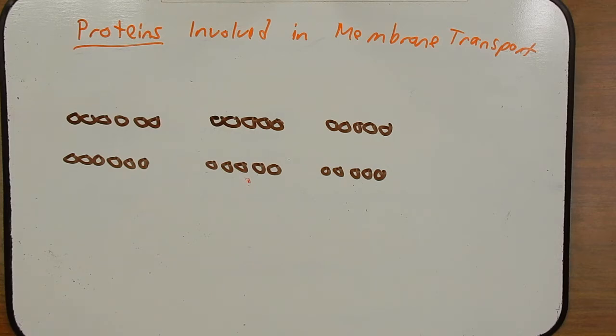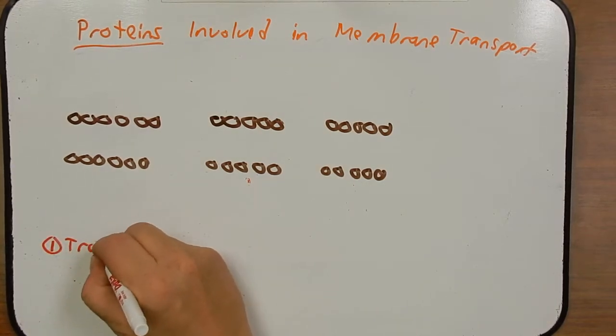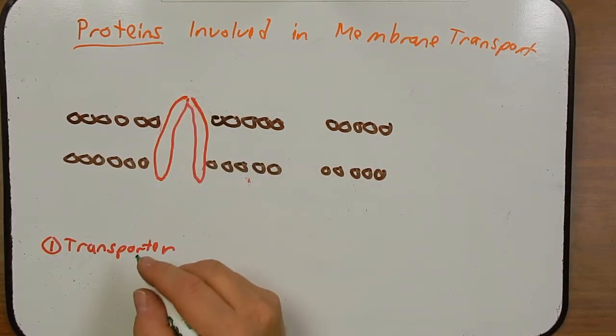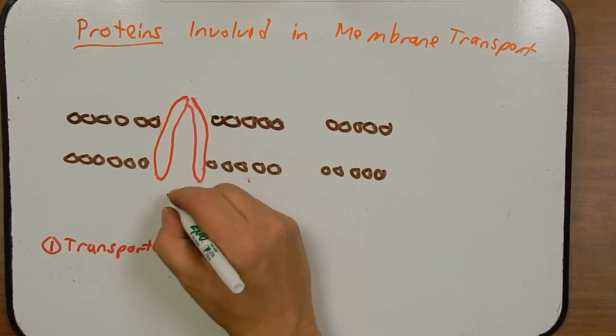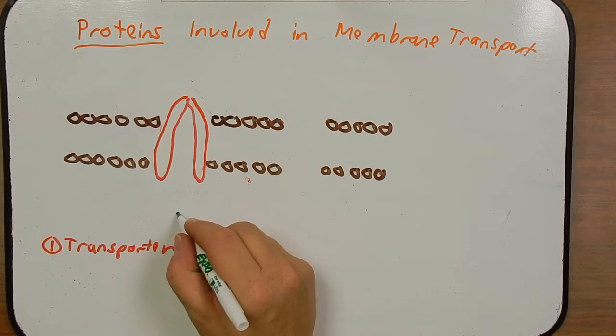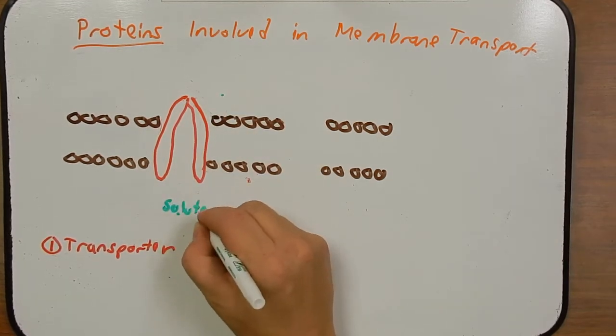The first type of protein I'm going to talk about that's involved in transportation is called a transporter. I'm going to draw it like this. Now I want to draw this molecule that is going to move through this transporter to get from this side of the cell membrane to this side of the cell membrane. So here's this solute.